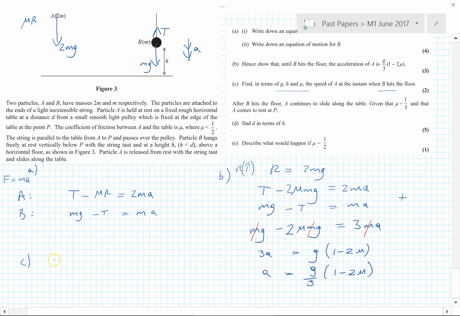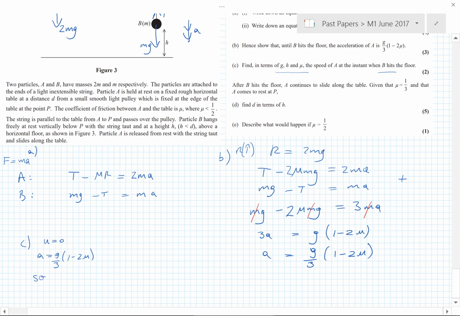So we know that u is 0. We know the acceleration is this thing here. And we also know that s is equal to h, and we're being asked for v.